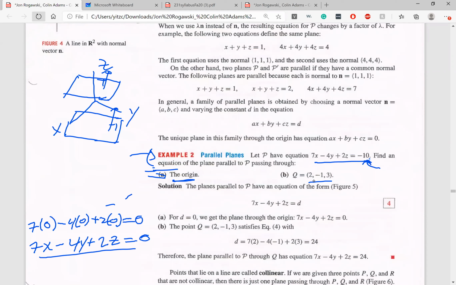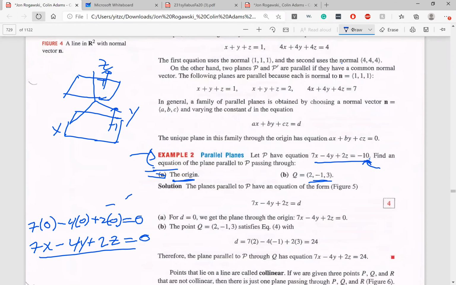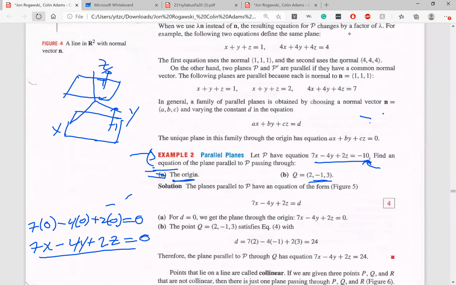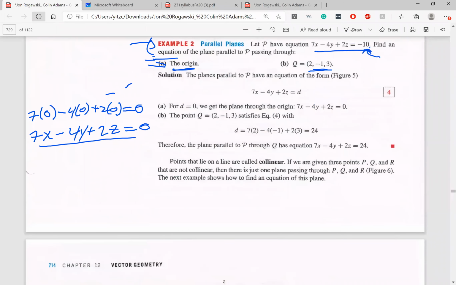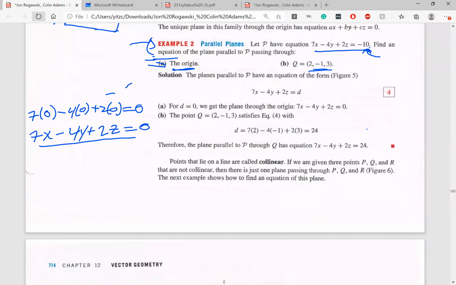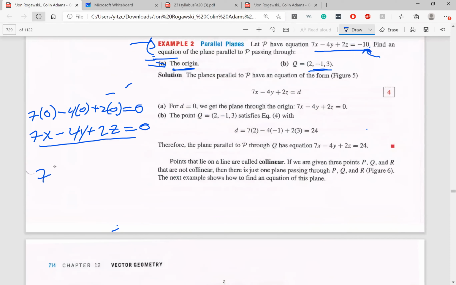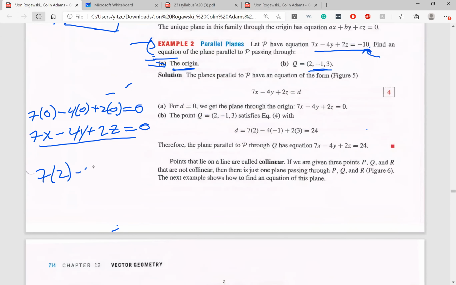Now, what about the equation of the plane that passes through Q? Again, you do a very similar thing. So we have 7 times 2 now, and then we are going to have minus 4 times negative 1, and plus 2 times 3.